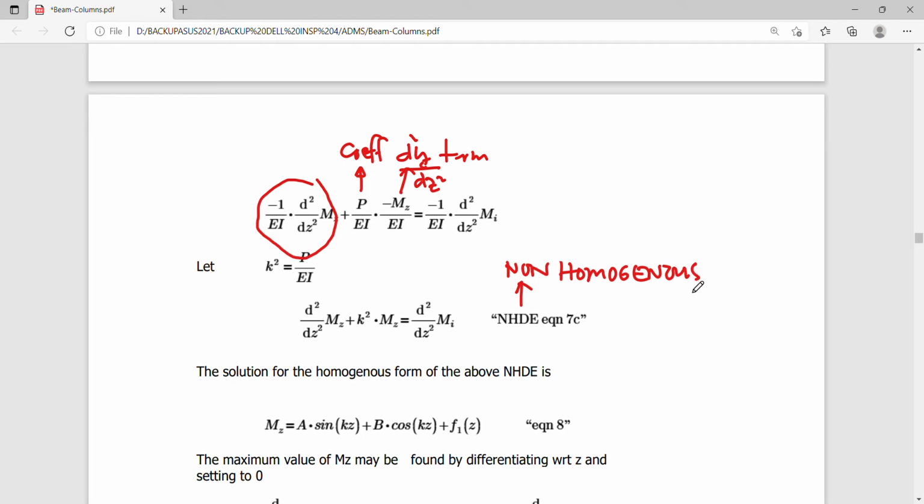In Mz. So the solution for a non-homogeneous differential equation is simply a combination of the solution for a homogeneous form and the solution for the particular equation on the right hand side. Okay?